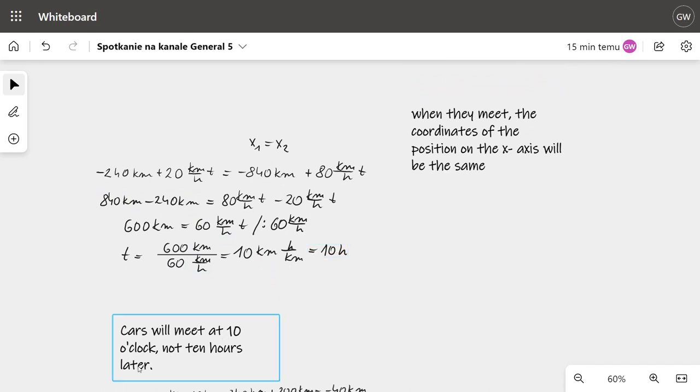Not 10 hours later. First car began to move at 2 o'clock, so he has been moving for 10 minus 2, this is 8 hours. Second car departed at 3 o'clock, so he has been moving for 10 minus 3, this is 7 hours.